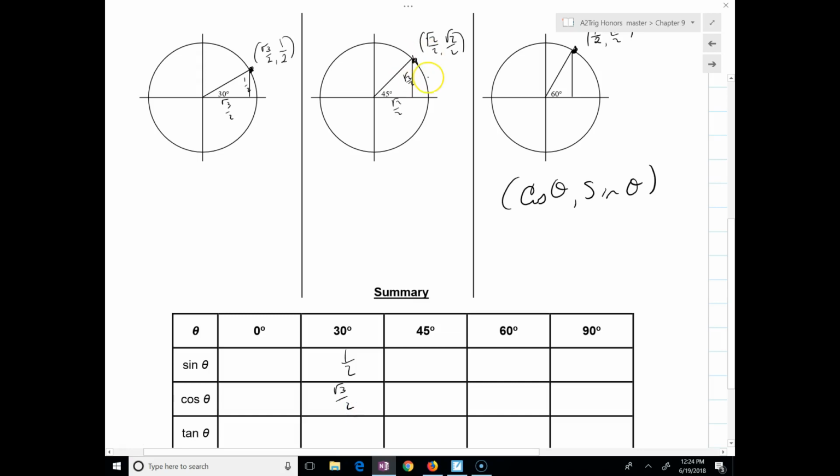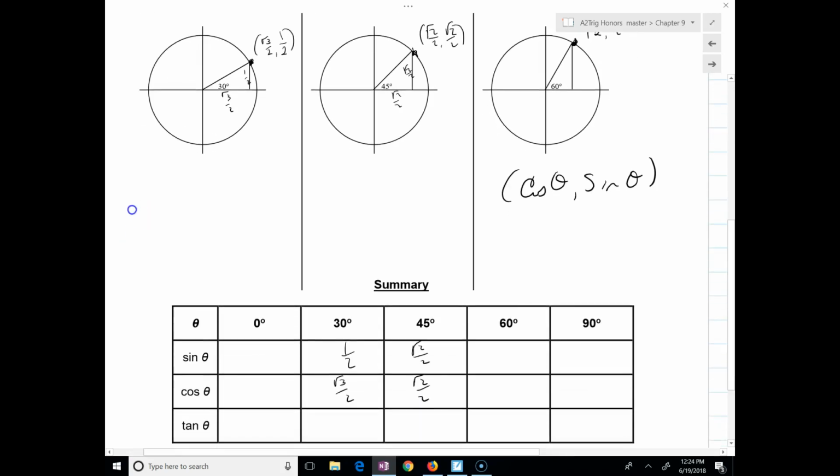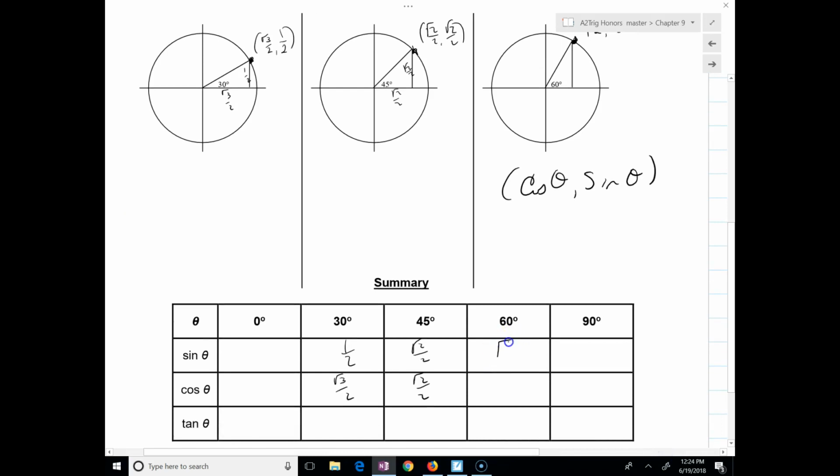Well, if we look at the middle triangle, there's our 45-degree angle. Well, they're both the same. They're both radical 2 over 2. And then over here, if we look at this one, we're going to again see sine is the y, which is radical 3 over 2. Cosine is the x, which is 1/2.